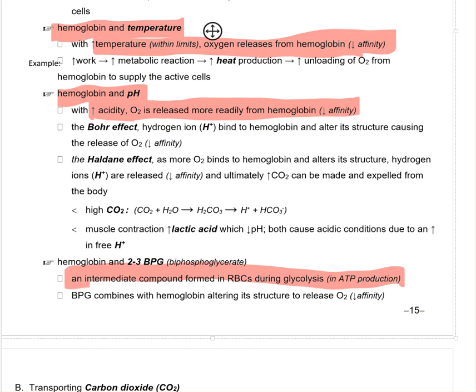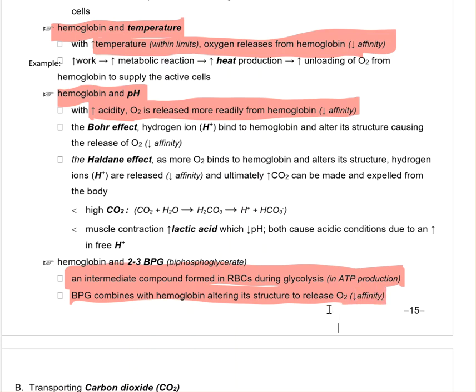So if we're doing a lot of glycolysis, a lot of aerobic respiration, we're going to make this 2,3 BPG. And what it does is it combines with hemoglobin and alters its structure to release oxygen also. So this is another way to release oxygen when we're doing a lot of aerobic respiration.